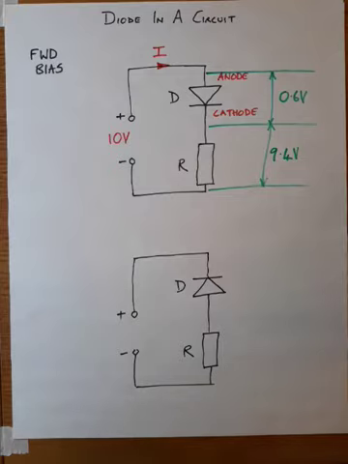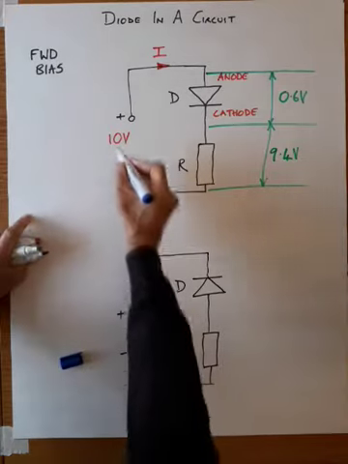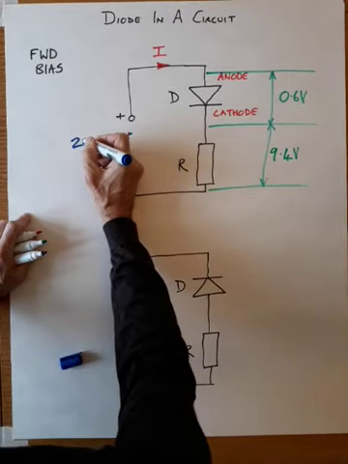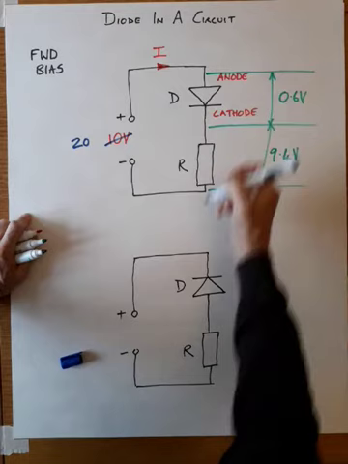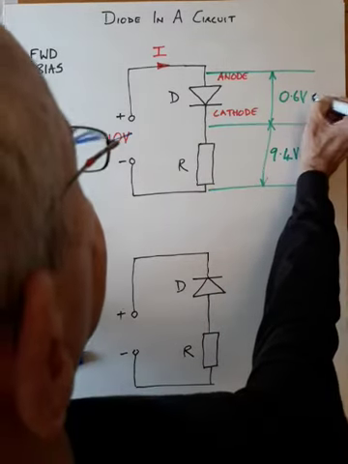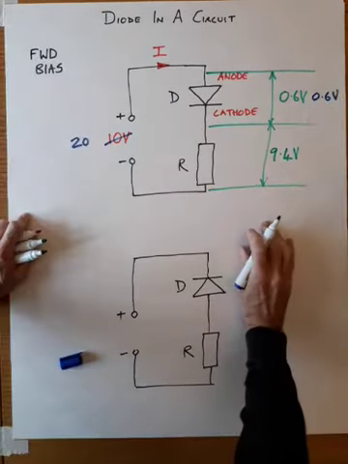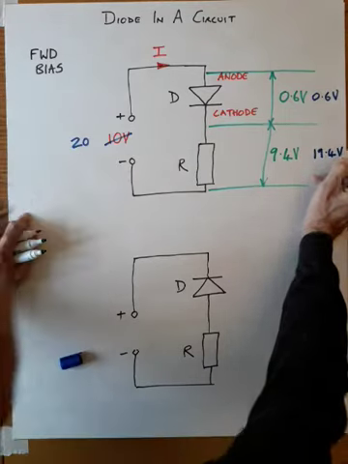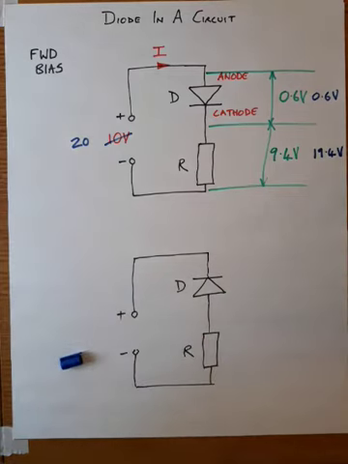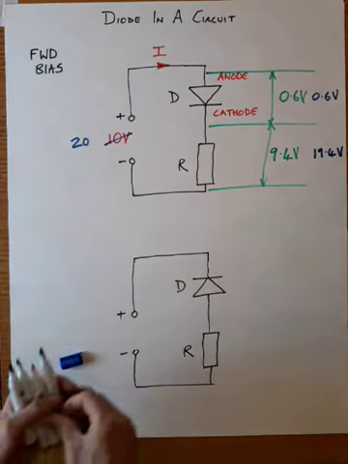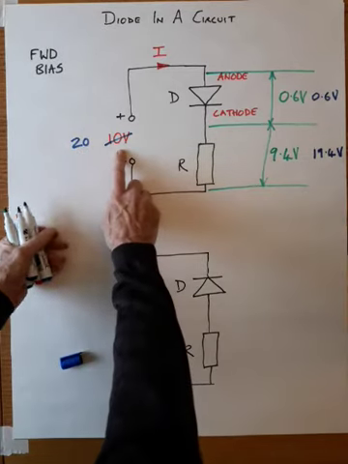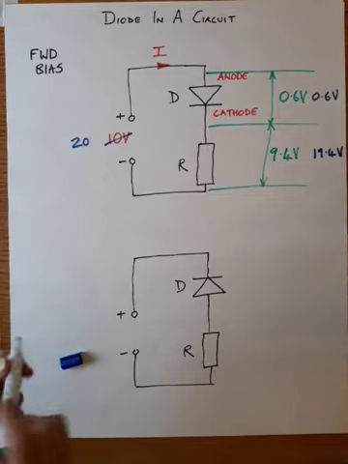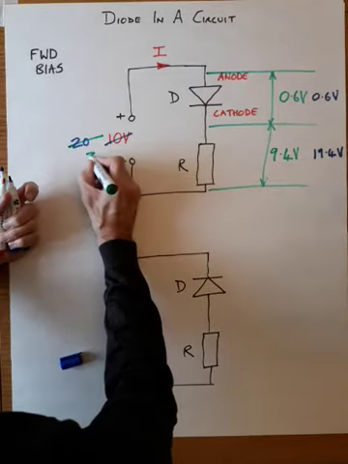If I were to increase the voltage, so let's change this from 10 to 20, we will still have 0.6 volts across there, and we'll now have 19.4 volts across the resistor. In reality, what will happen is, if we keep increasing this voltage, let me choose an arbitrary number, let's make this 30 volts.